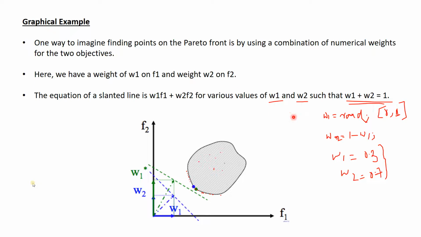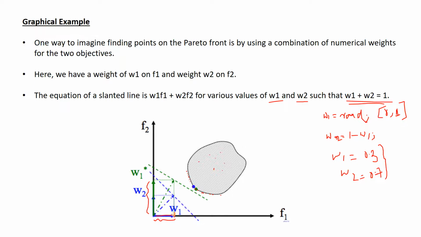How? See this graph. Previously, if you don't use the weight function, you are finding random solutions, which I have already mentioned with these red dots in the shaded feasible region. Now suppose you have a weight function, W1, W2. Yes, this is W1, this is W2.